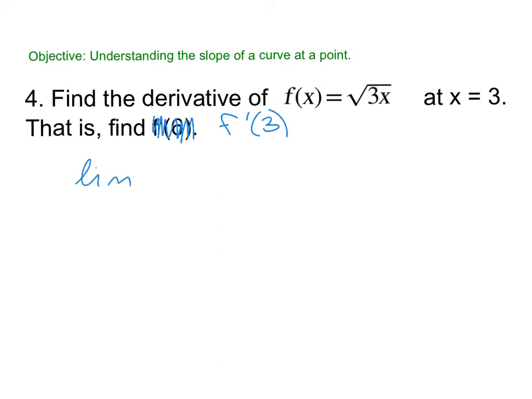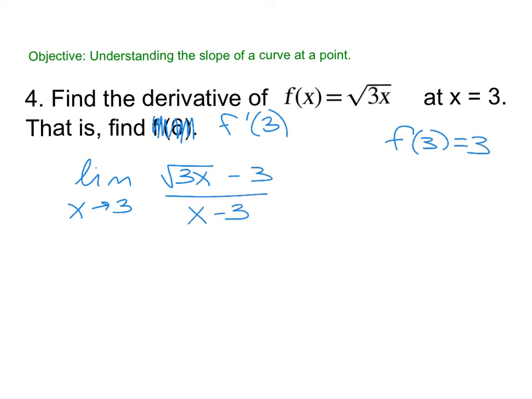So it's the limit as x approaches 3 of f of x minus f of 3, which is 3, over x minus 3. We're going to multiply by the conjugate.